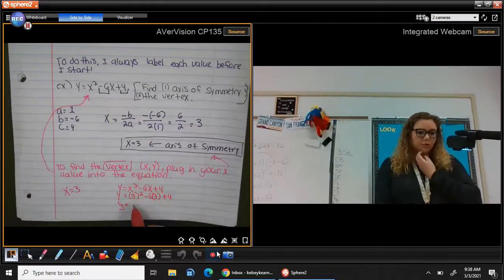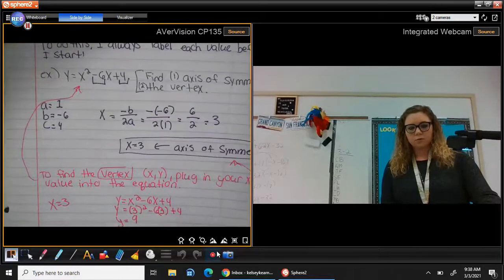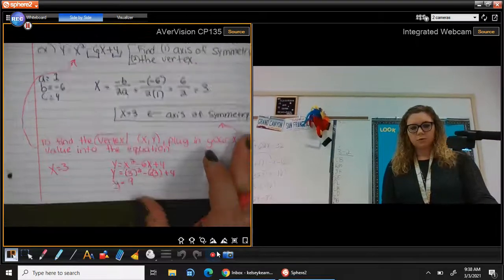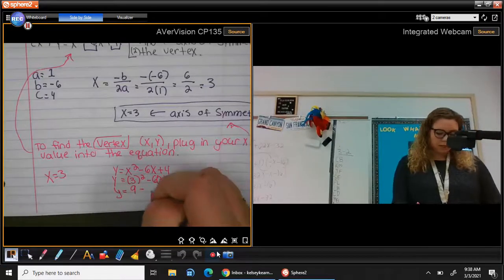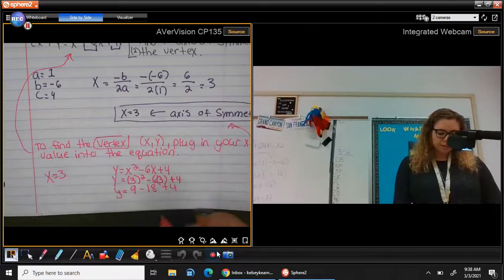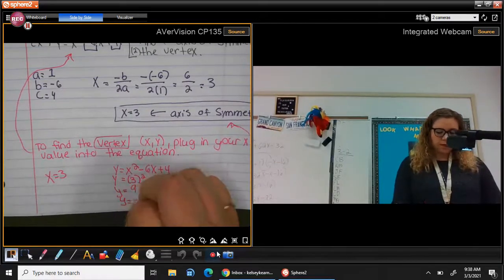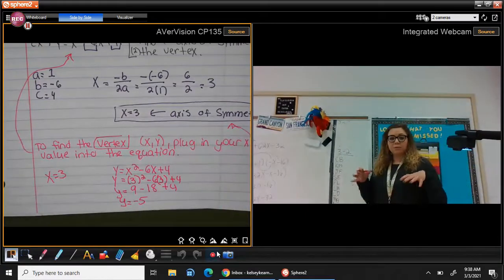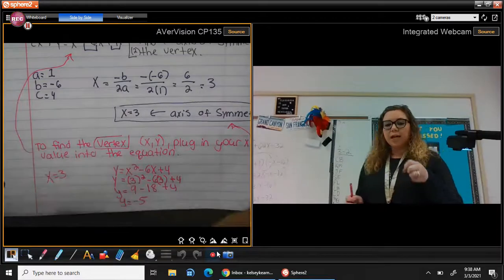Okay, so 3 squared is 9. Okay. 6 times 3 is going to give me negative 18. And then plus 4. 9 minus 18 plus 4 is going to give me negative 5. Okay, but I am not done, because remember, vortex is not just a y equals or an x equals, it's a point.